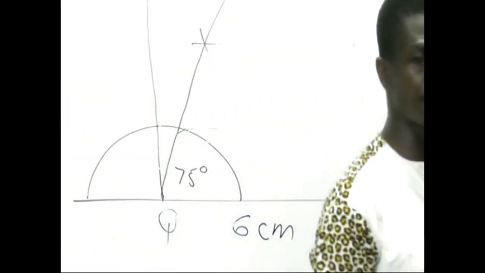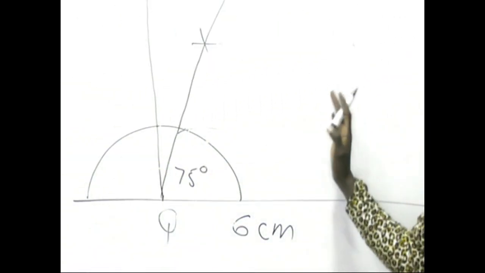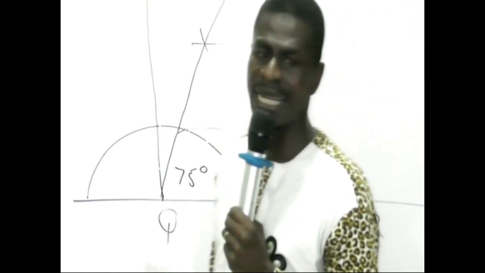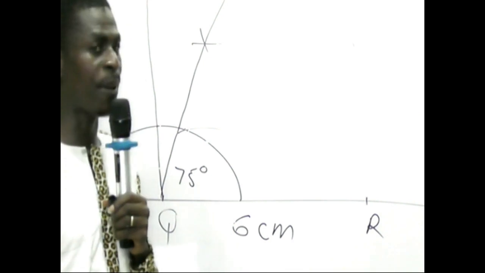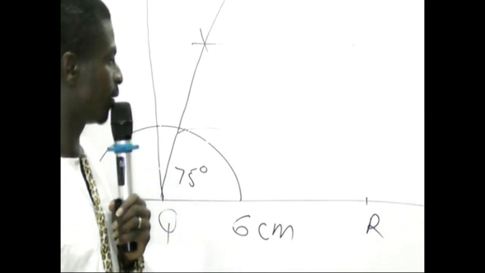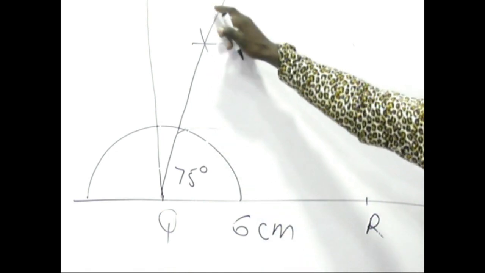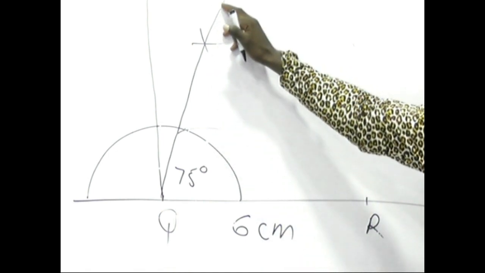So now the 75 degrees is complete. I told you this is not drawn to scale. Then from here, we said that we should measure our PR, which is 8 centimeters. So I'm going to stand at R, and then measure 8 centimeters to cut an arc to meet the 75 degrees angle.